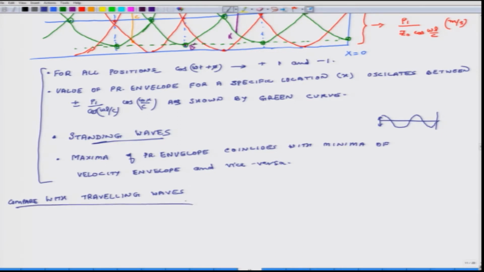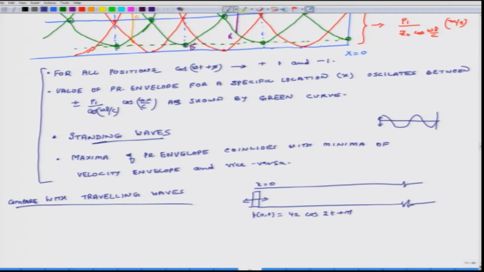In the class before, what we are going to do here is relook at this tube which was infinitely long and was excited at x equal to 0 through a piston, such that the pressure here, P at 0 t, we had defined as 42 cosine of 2 t plus pi over 6.